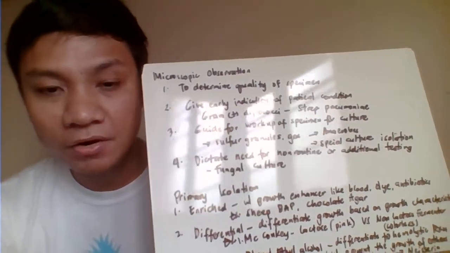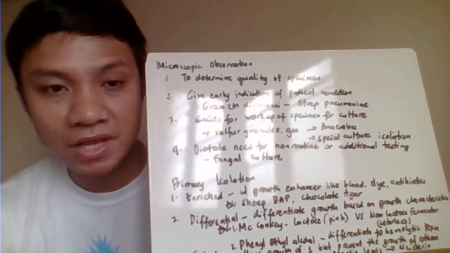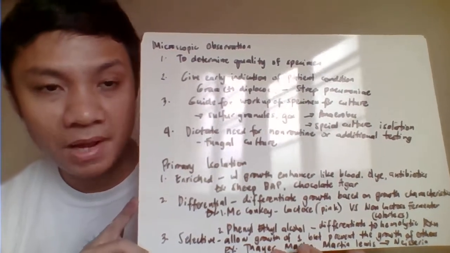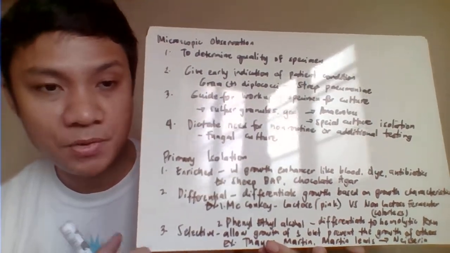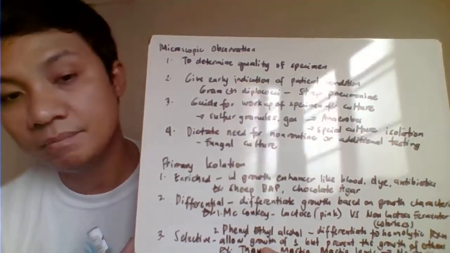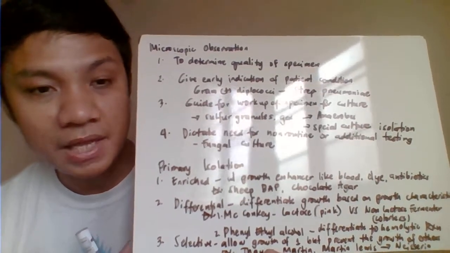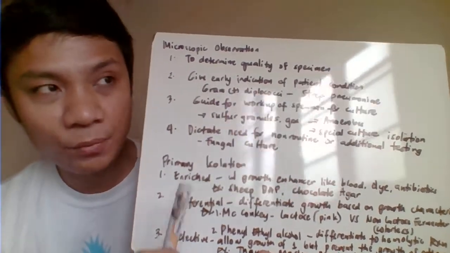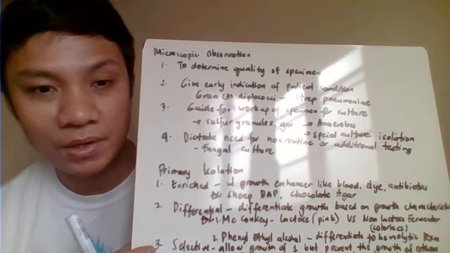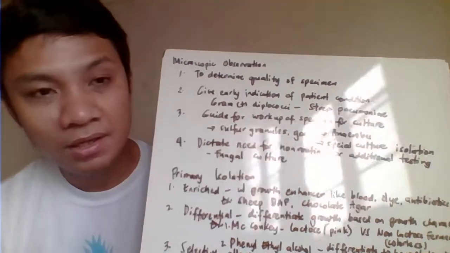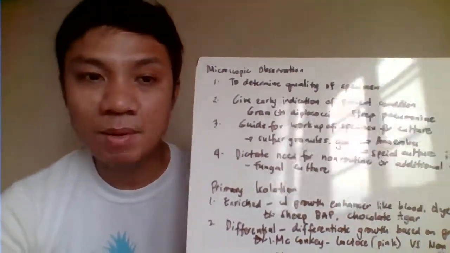Okay, then we have here your microscopic observation. So your microscopic observation here would help guide some important things. When you're doing your gram stain, it could help here. Number 1, again, to determine the quality of the specimen, di ba?